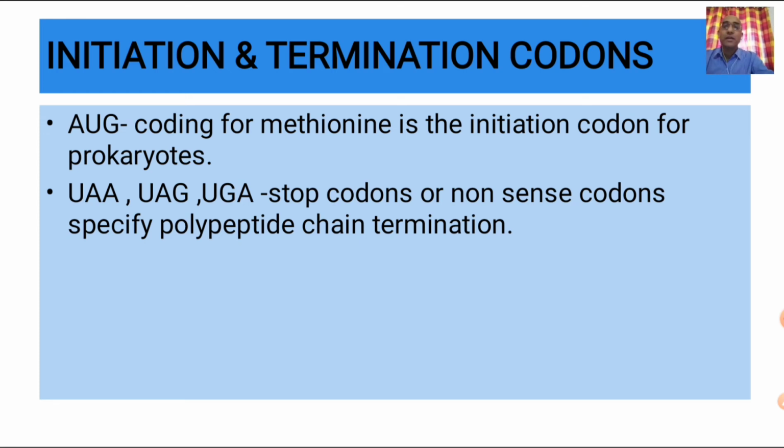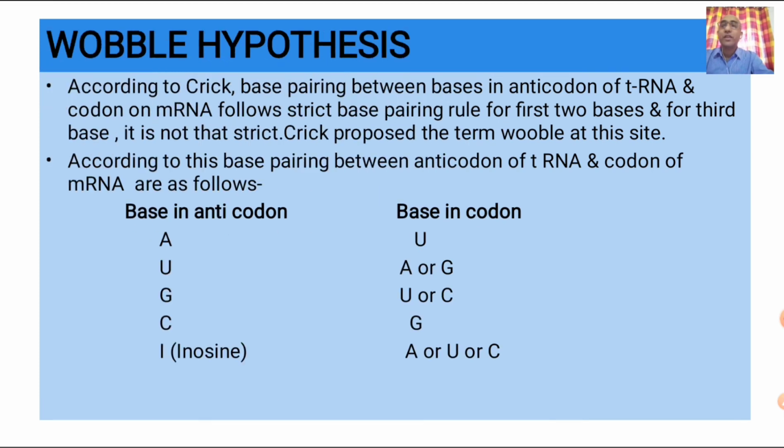Now come to the next property, that is the wobble hypothesis. What is this wobble hypothesis? The wobble hypothesis says, according to Crick, that the base pairing between bases in the anticodon of tRNA and the codon of mRNA, which you will completely know about when I discuss protein synthesis in a separate video, occurs between these two.